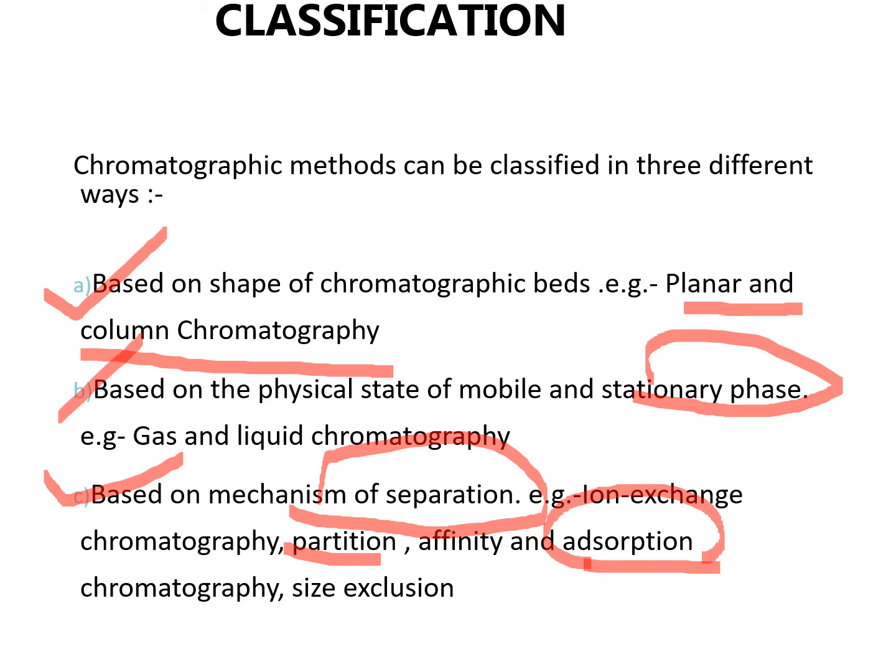The first one is adsorption and the second one is partition. But again, new and novel chromatography techniques came which are based on ion exchange, size exclusion, and affinity, and thus they can be classified into those types.